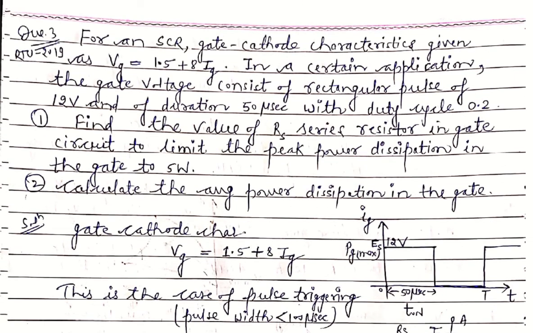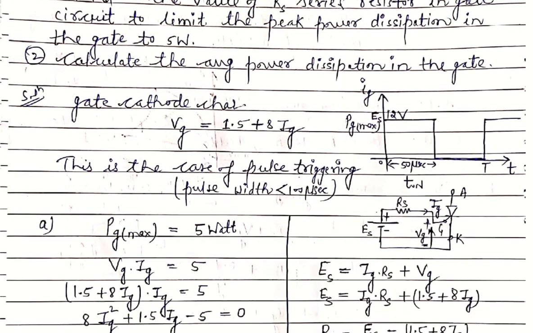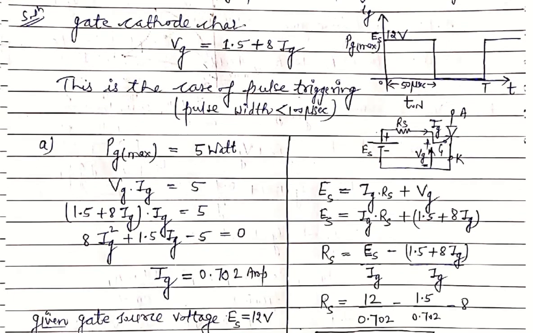First part, the value of Rs we have to find, and the peak power dissipation across the gate is given. Peak power dissipation means PG maximum is given to be 5 watt, and we have to calculate the series resistance connected in series with the SCR. We know PG maximum is Vg into Ig equals 5.